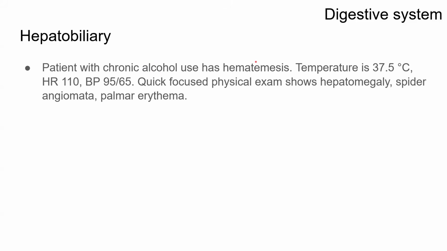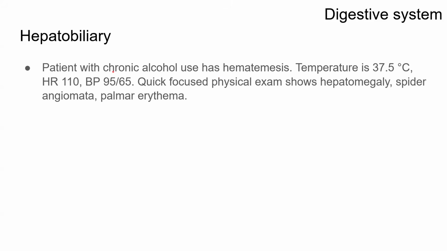Vitals are: temperature 37.5, heart rate 110, blood pressure 95 over 65. You do a really quick focused physical exam and they have hepatomegaly, so you can palpate the liver edge. They have spider angiomata, they have palmar erythema, they might also be jaundiced.